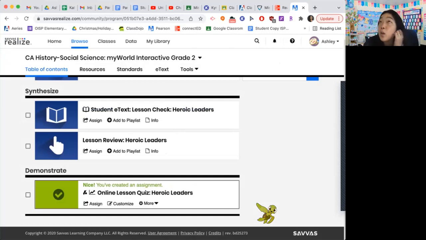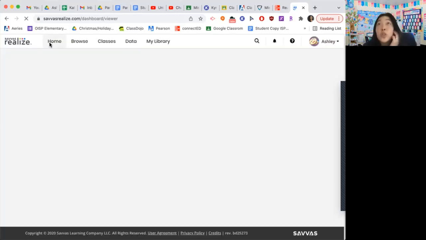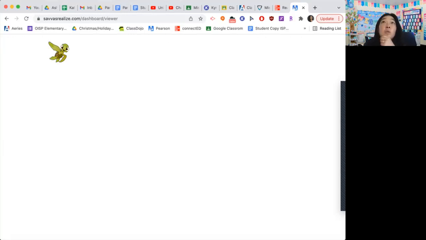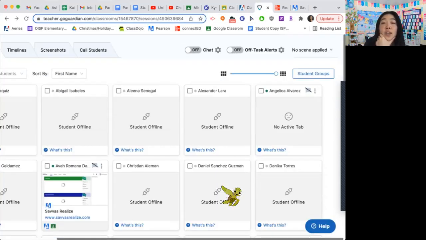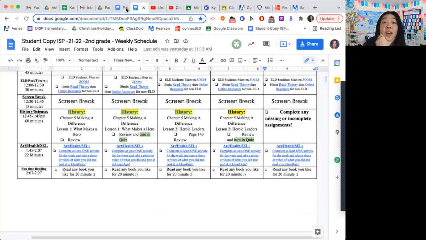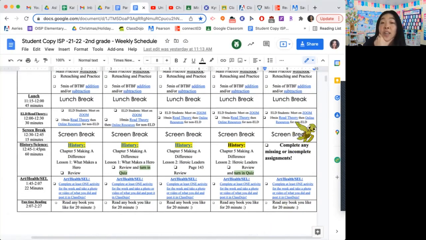We are skipping your reteaching and practice because you would need a ruler to do it, and some of you don't have rulers. If you want to do it and you have a ruler, you are more than welcome to do so. I just posted your assessments. You can go ahead and do that. And guess what, guys? We don't have any more Zoom meetings other than ELD students at 12 o'clock. You have no more Zoom meetings for today.